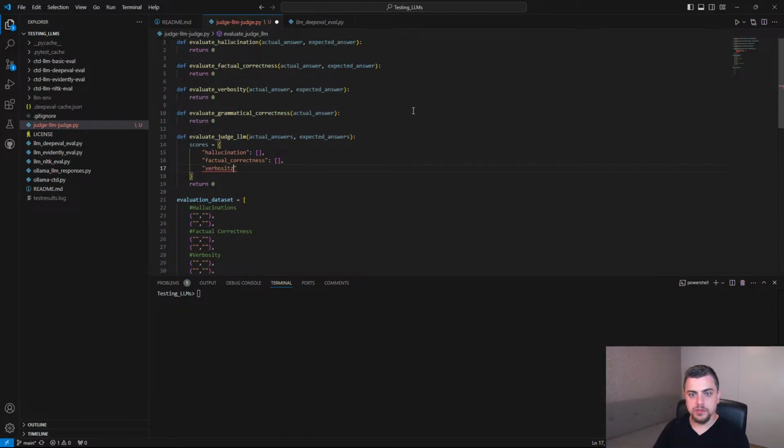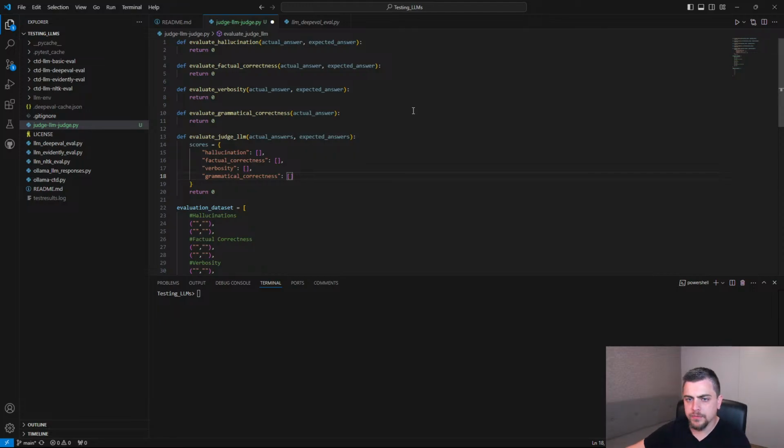And verbosity scores. And the grammatical scores. I rather use longer variable names, which are descriptive.